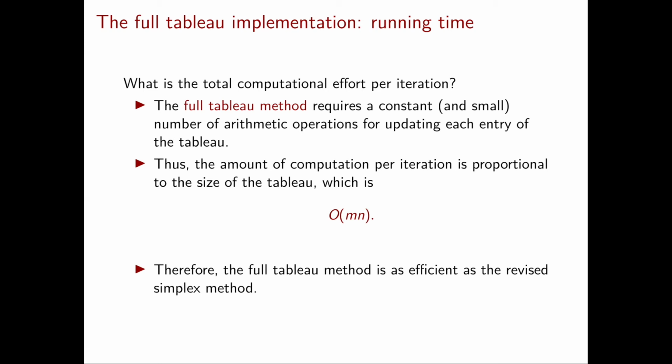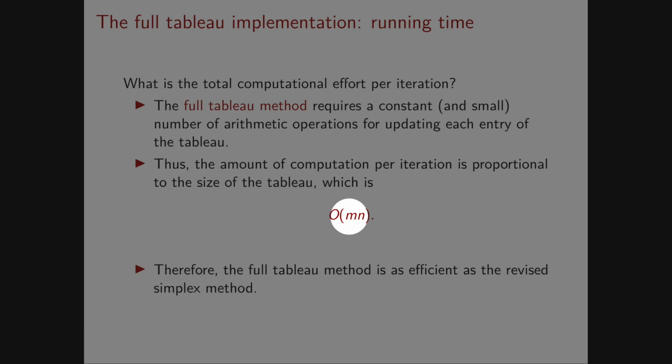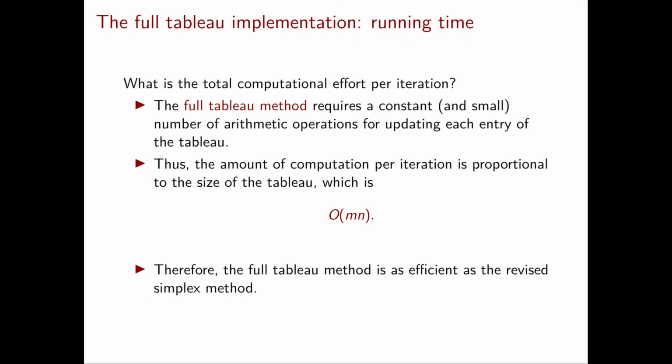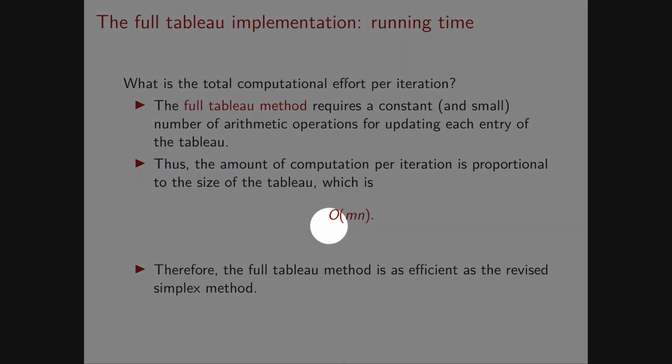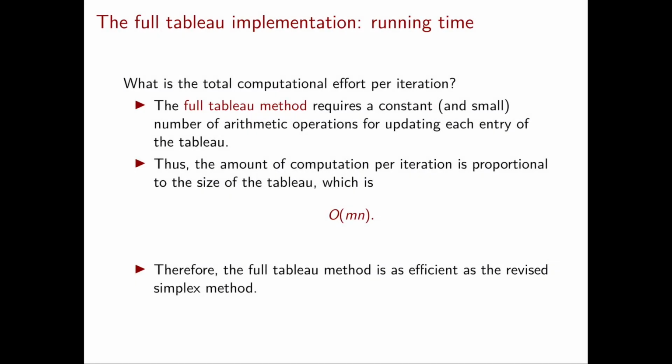Therefore, the amount of computations per iteration is proportional to the number of entries in the tableau. We have n plus 1 columns and m plus 1 rows. So in total, the number of operations is big O of mn. If you remember, this coincides with the number of operations performed in one iteration of the revised simplex method.